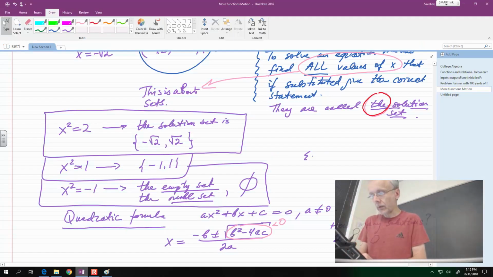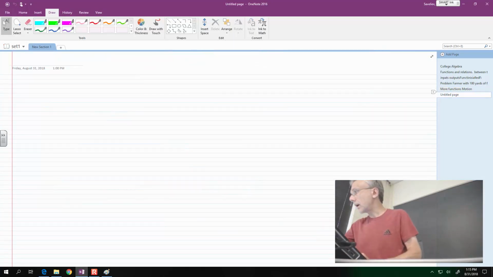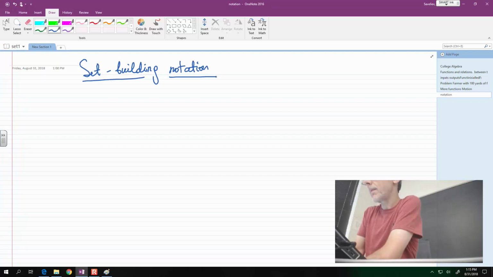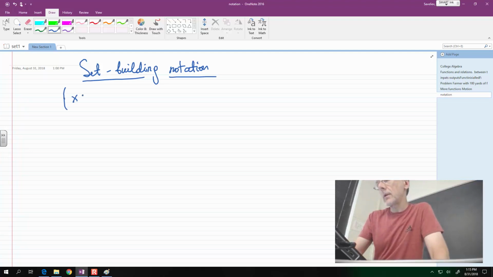It is called the set building notation, which can be expressed as follows: x satisfies a condition.